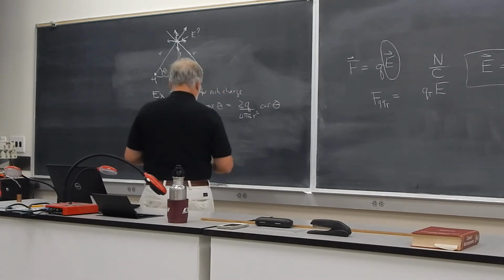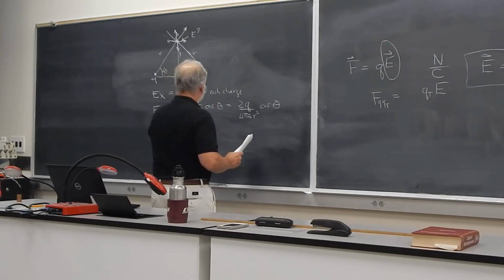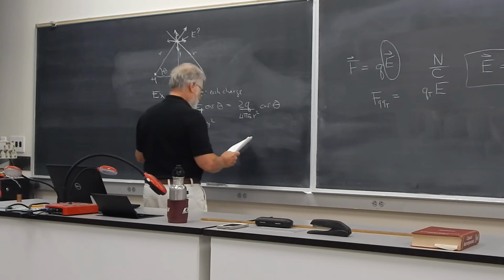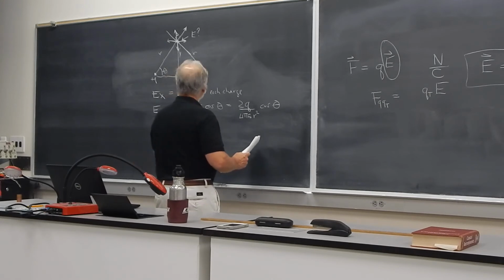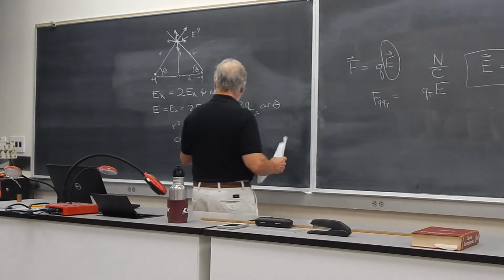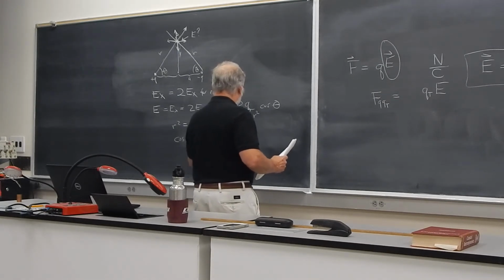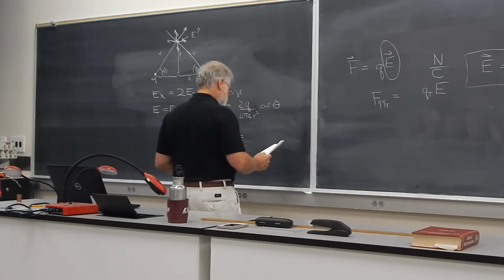I can use some trigonometry here. I know that R squared is equal to A squared plus Y squared. I also know that cosine theta is equal to, in this case, the adjacent A over R, which I can write as A over square root A squared plus Y squared.